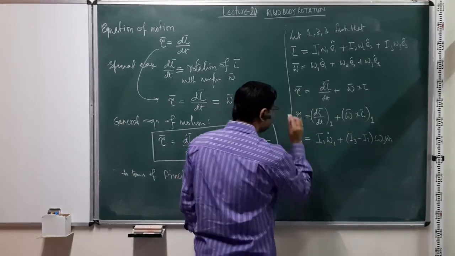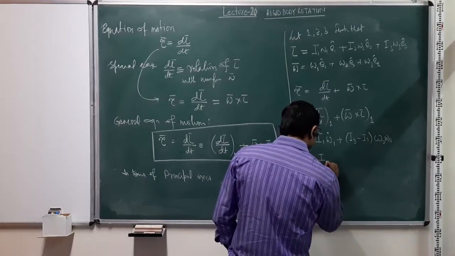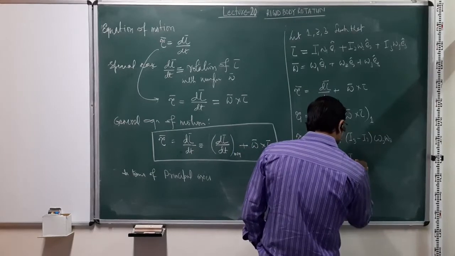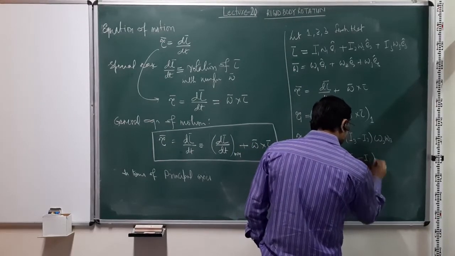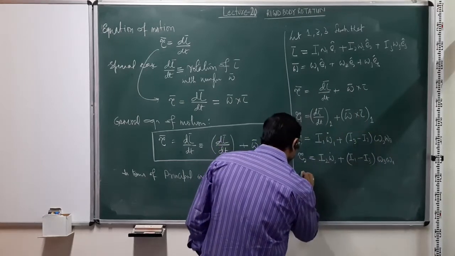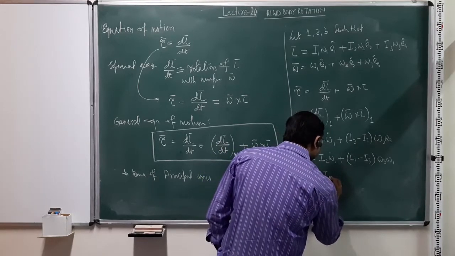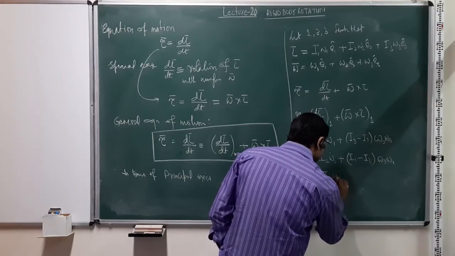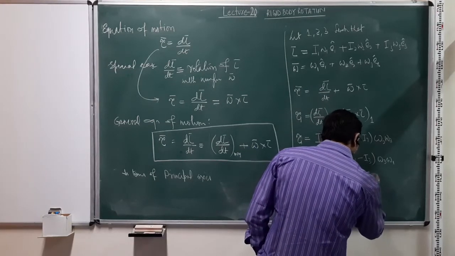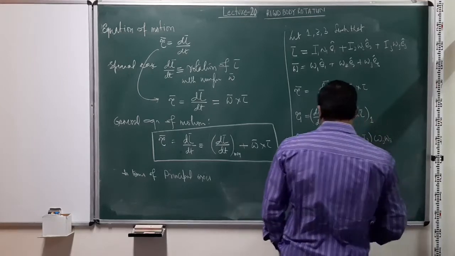This is tau 1, and similarly I can write down tau 2 as I2 omega 2 dot plus I1 minus I3 omega 3 omega 1, and tau 3, or the torque along the third principal axis, is I3 omega 3 dot plus I2 minus I1 omega 1 omega 2. Okay.